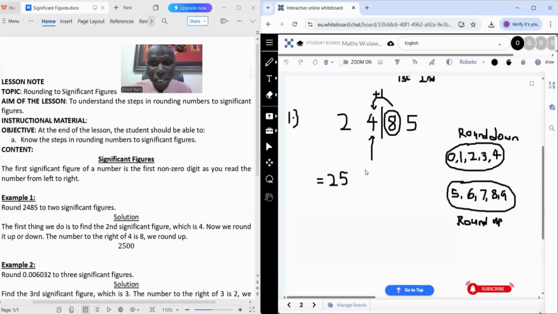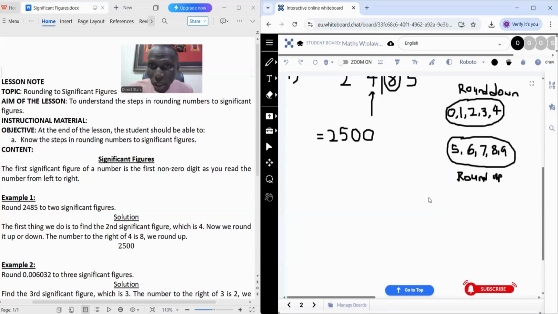Then the number after the bar will be zeros. We have to put them as zeros because we're asked to put this number to 2 significant figures. Then rounding 2,485 to 2 significant figures, we're going to have 2,500. So that's the first example.